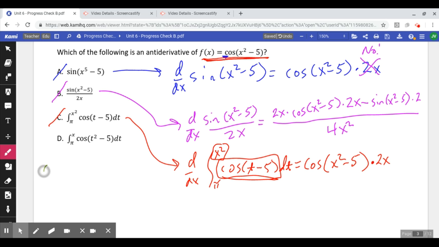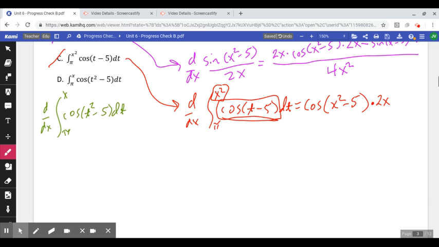Let's find the derivative with respect to x of this integral-defined function. Now we've got t squared minus 5 on the inside, dt. We'll do the same thing that we did before. We'll take that integrand, which is the cosine of t squared minus 5, and substitute the upper limit in. Now your upper limit is just x.